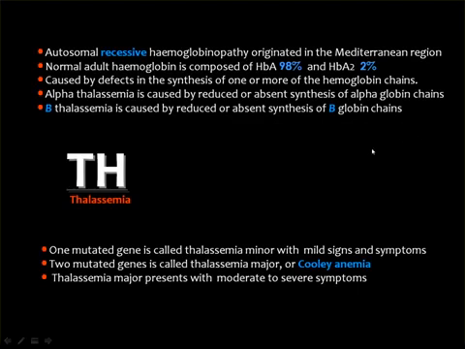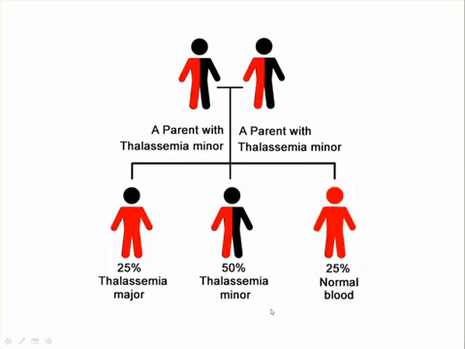Then we have the thalassemia minor and the thalassemia major. If one mutated gene, then this is called thalassemia minor, and the symptoms are mild. If there are two mutated genes, this is called thalassemia major or Cooley's anemia, and the symptoms of Cooley's anemia are often moderate or severe.